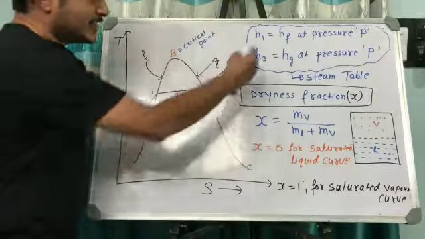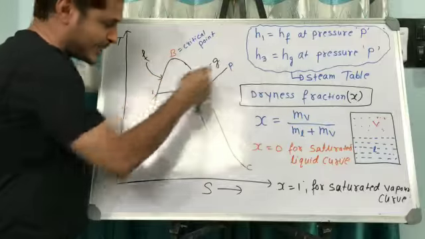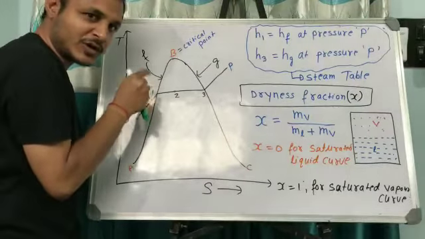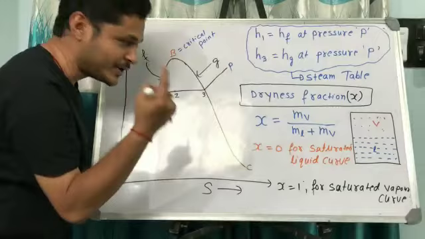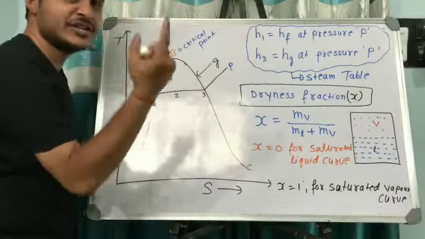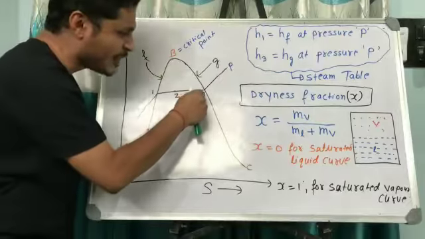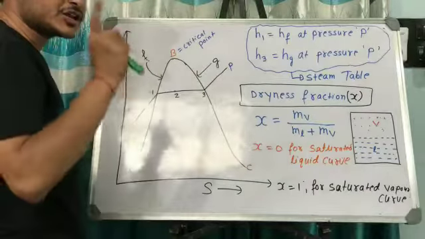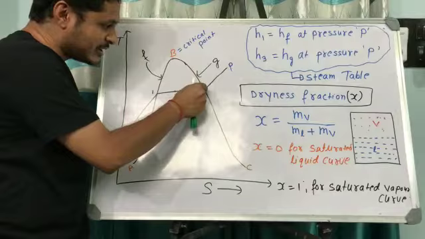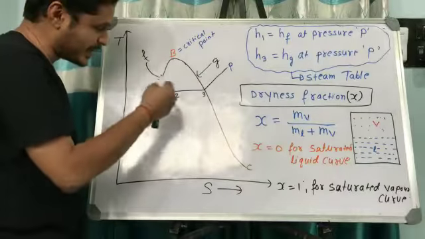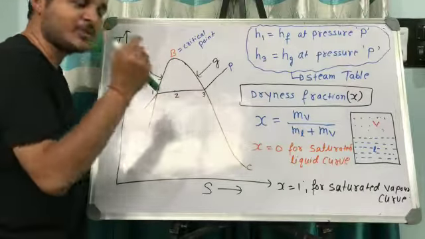Suppose entropy: then it will be Sf and Sg. Entropy at point 1 at this pressure is Sf, and entropy at point 3 is Sg. Volume at point 1 will be Vf, and volume at point 3 will be Vg. So you can directly get the properties at point 1 and point 3 from the steam table.